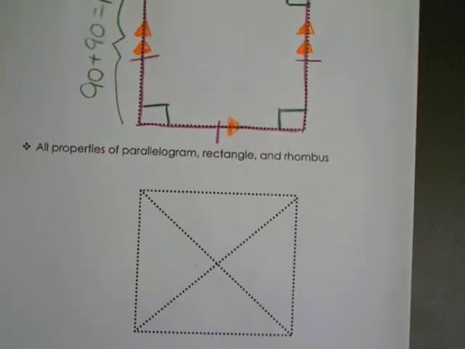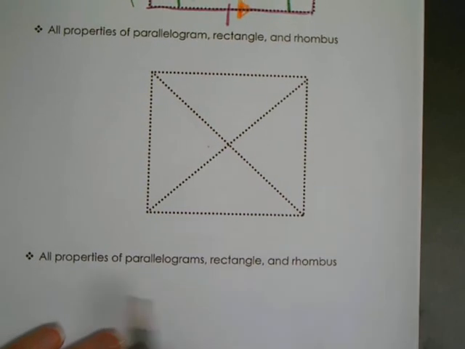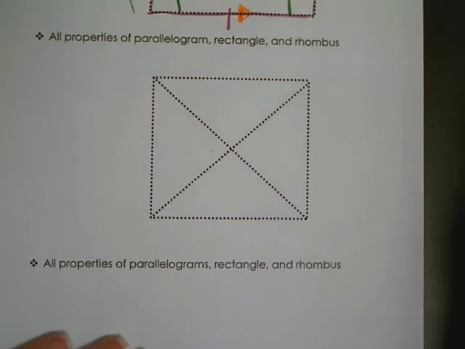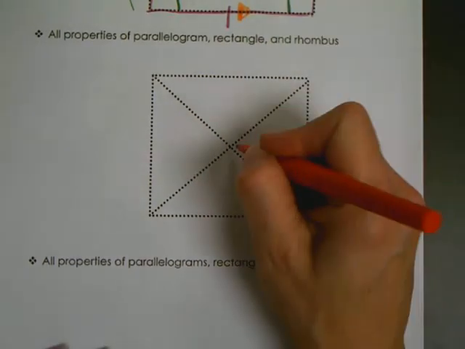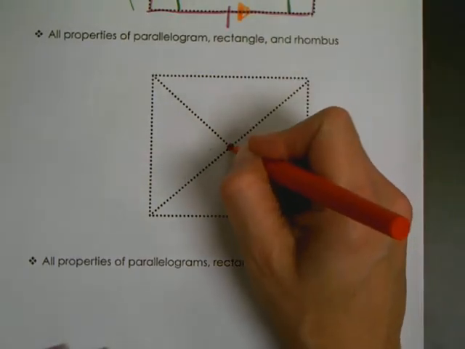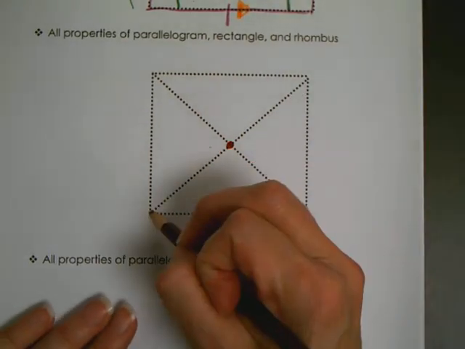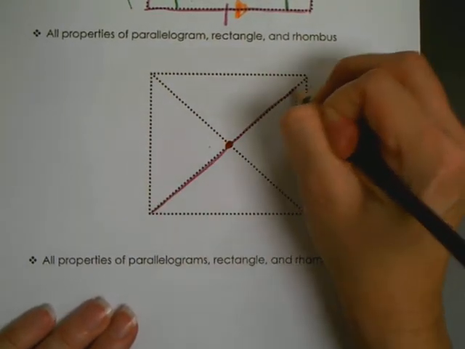Now then, let's look at the inside with the diagonals. Again, all properties of parallelograms, rectangles, and rhombi. That should say rhombi. I need to fix that. All right, so let's go ahead and see, well, what are those characteristics? Well, we know that our diagonals bisect each other. And we know that our diagonals are congruent, same length.